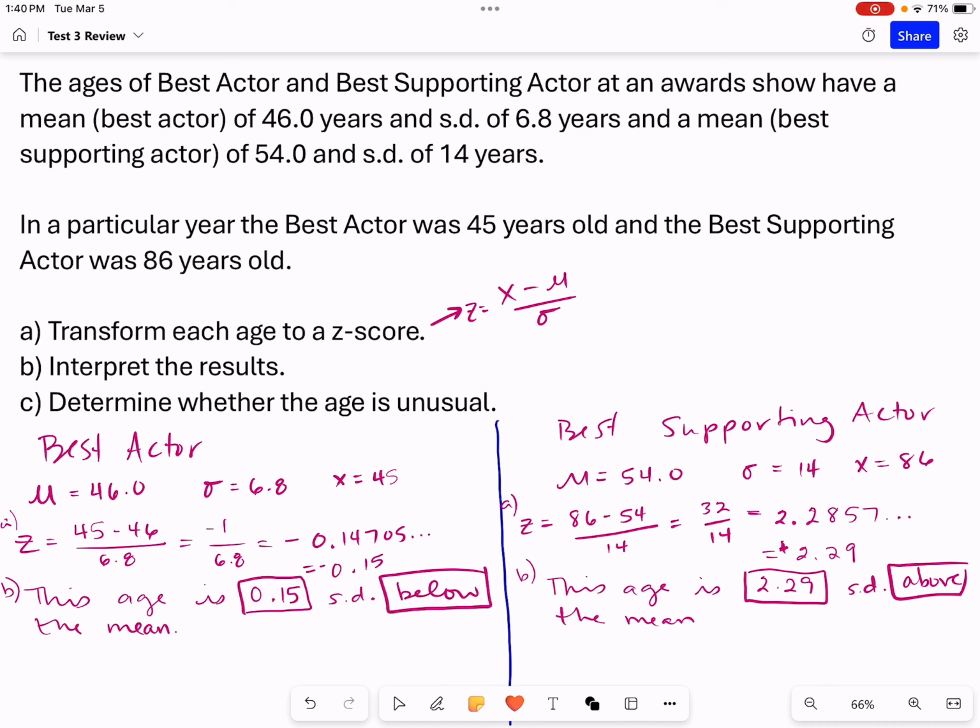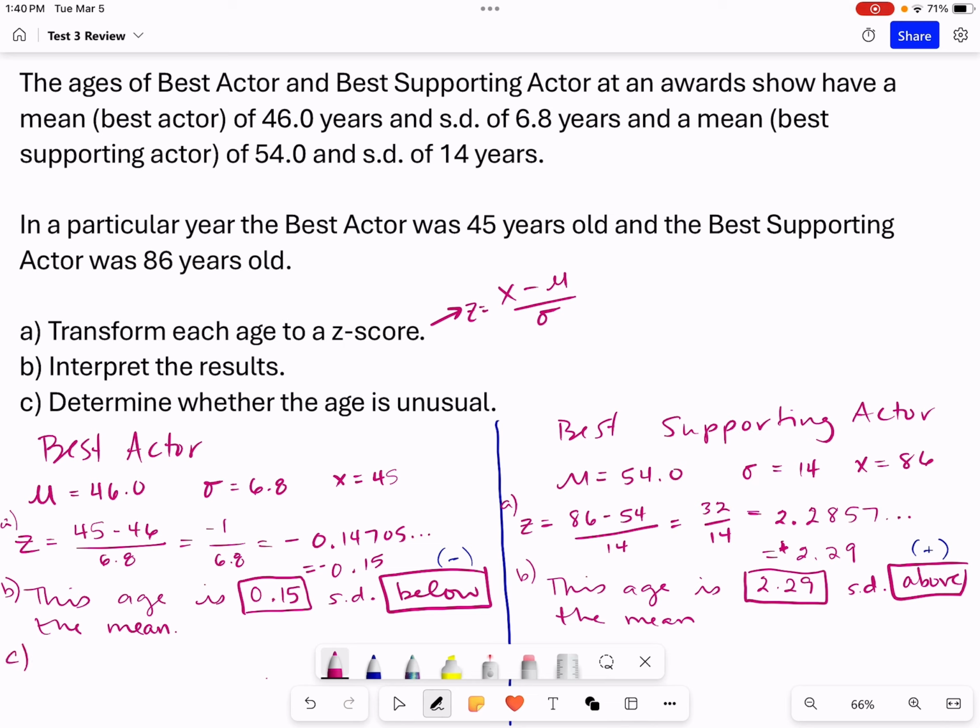So when we have a negative, the first part of that answer, if it's negative, will include it, but the second part won't. The negative comes into play on the words that we use.